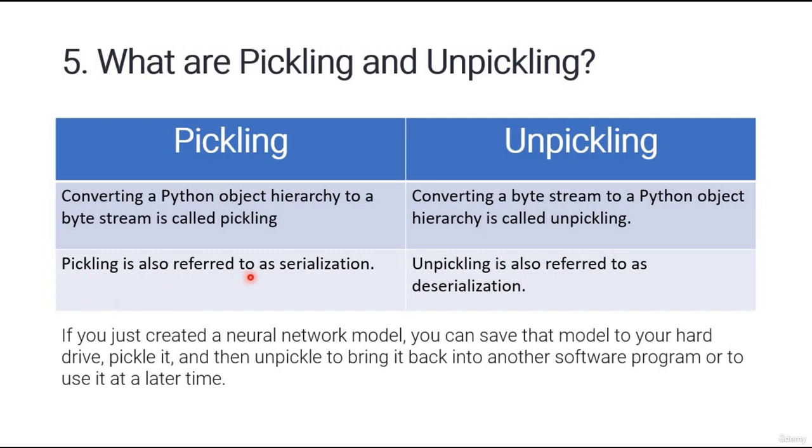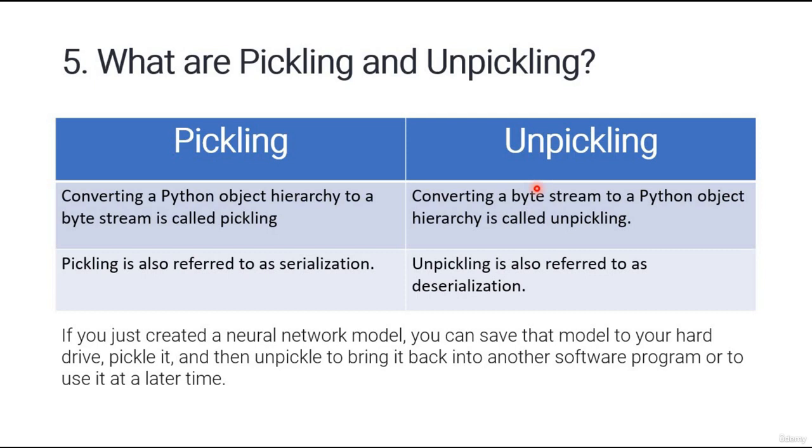Pickling is also referred to as serialization, and unpickling is referred to as deserialization. So this is an example: if you have just created a neural network model, you can save that model to your hard drive, pickle it, and then unpickle it to bring it back to another software program or to use it at a later time. So this is the basic use of pickling and unpickling, and this is the difference.